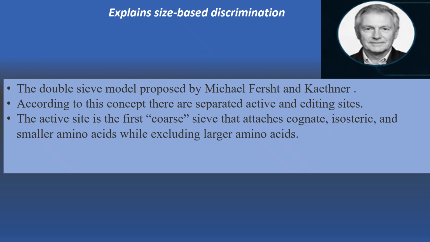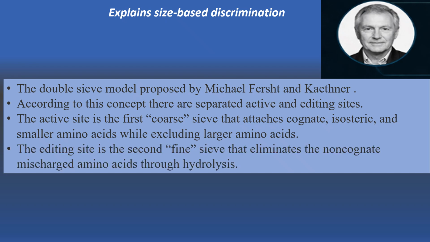So what do we mean by this? The first site, known as the active site, will completely exclude the larger amino acid, but it will allow attachment of the correct amino acid, smaller amino acids, and also the isosteric amino acids. The editing site is the second site, or the fine sieve, that eliminates non-cognate mischarged amino acids through hydrolysis.